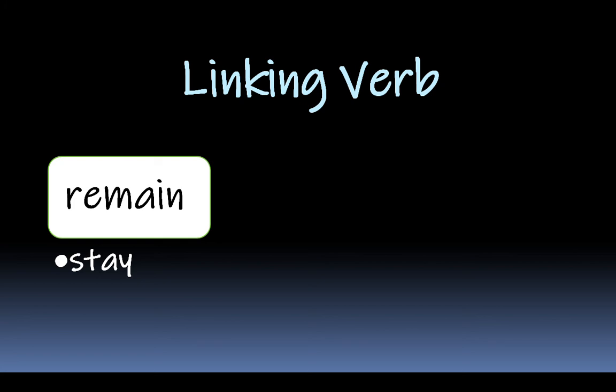So the fact of the subjects remaining in a particular state for some length of time, these linking verbs indicate that. ये बताते हैं कि सब्जेक्ट किसी खास हालत में कुछ वक्त से, कुछ अरसे से मौजूद रहा है.